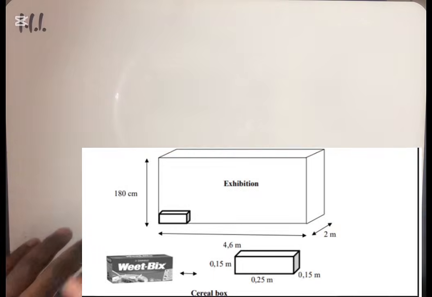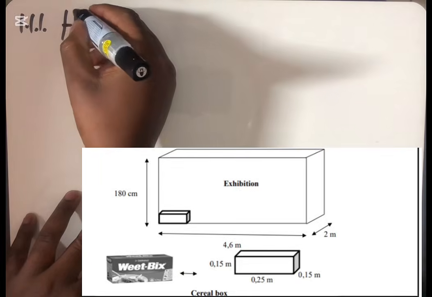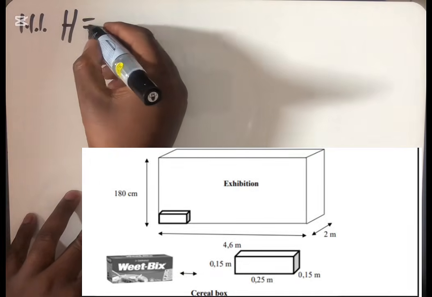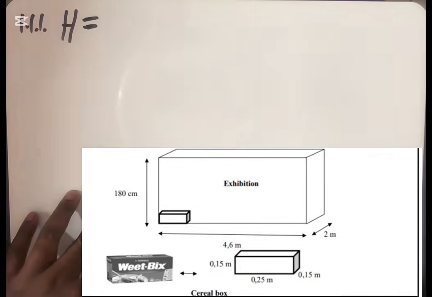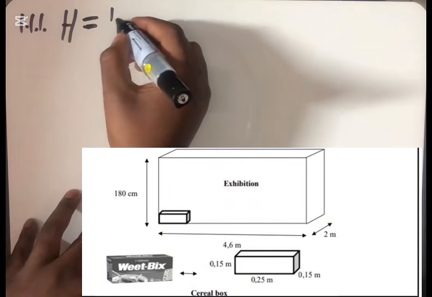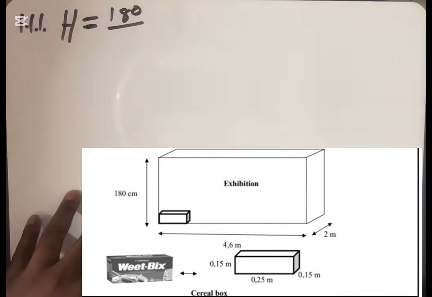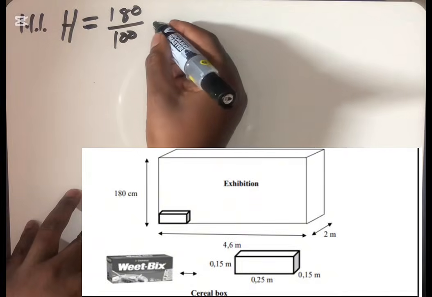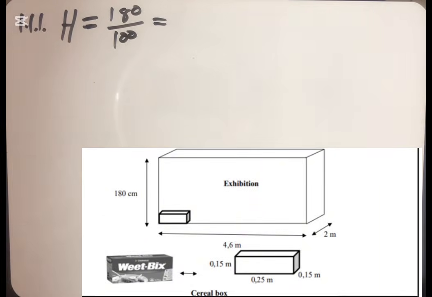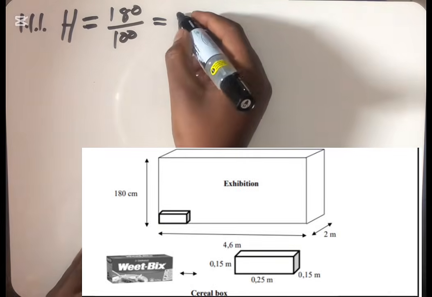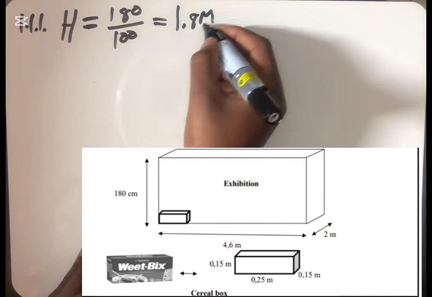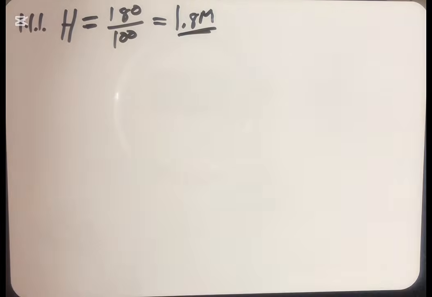What we need to do first is to deal with the height of the exhibition box. It's given as 180. We divide this by 100 to be able to get this in meters. We're just going to say 180 divided by 100. The answer here is 1.8 meters. So now if you can check, everything is now in meters.